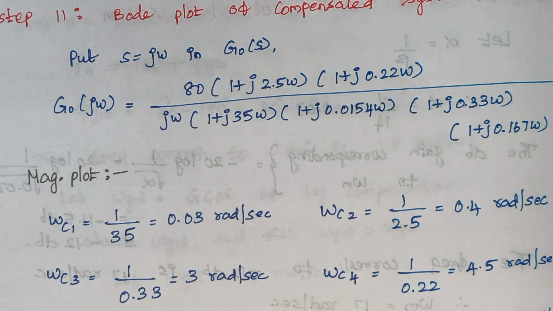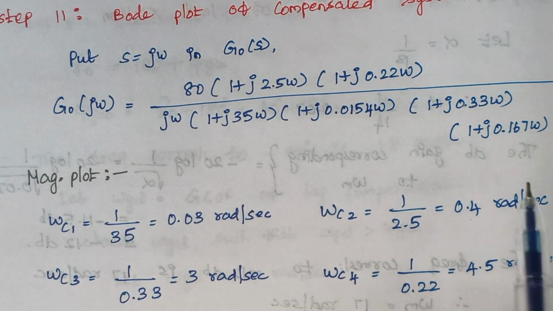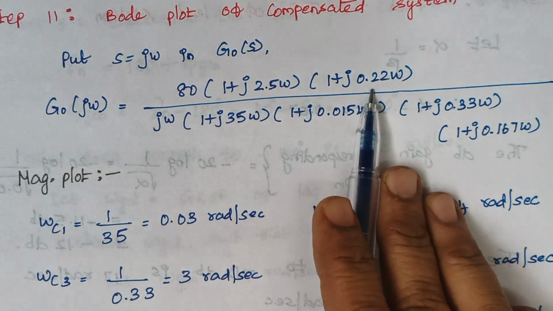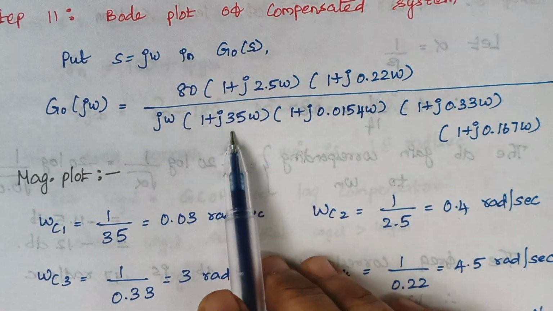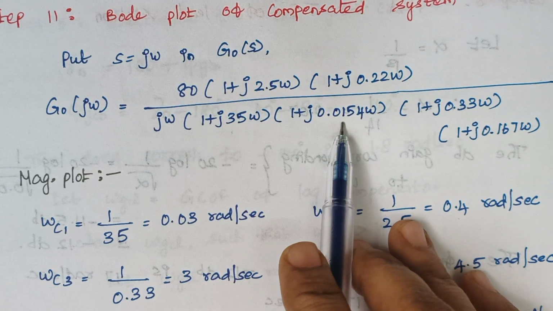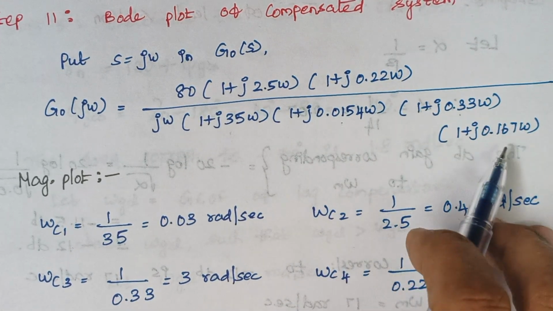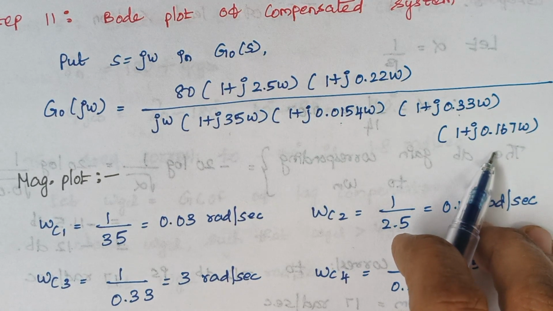So how to take corner frequencies? We have to take the reciprocal of the coefficient of omega. First we will start with 1 divided by 2.5, 1 divided by 0.22, 1 divided by 35, 0.0154, 1 divided by 0.33 and 1 divided by 0.167.